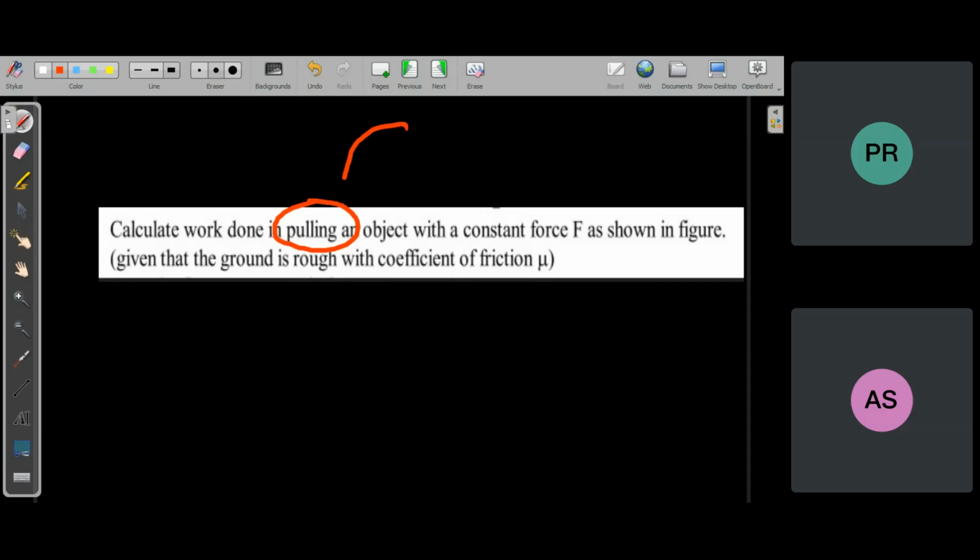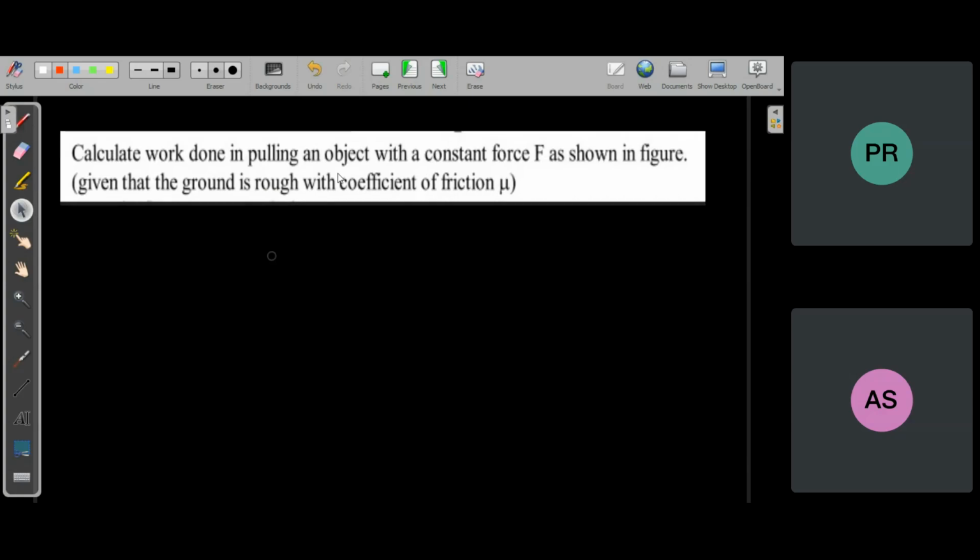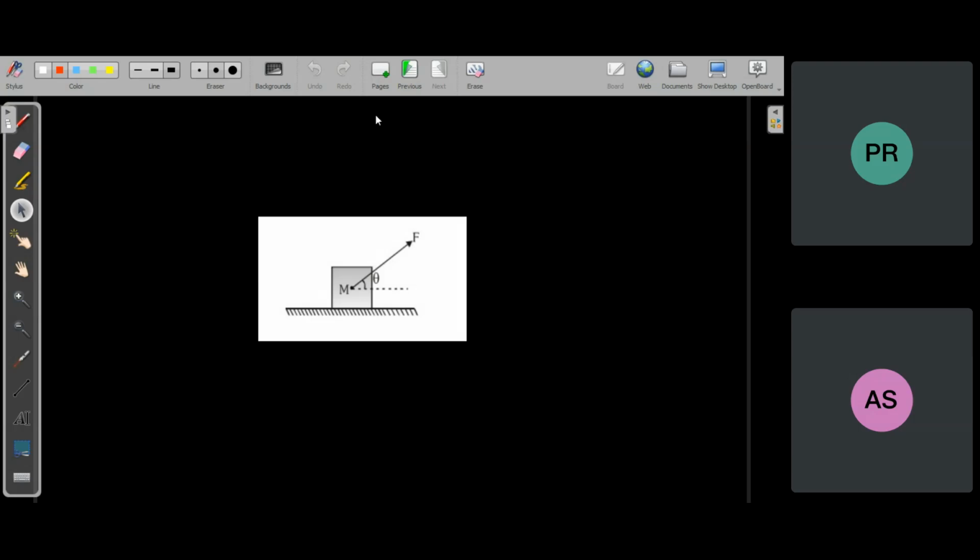That is the meaning of the word pulling. So acceleration should be zero and kinetic energy will be constant.